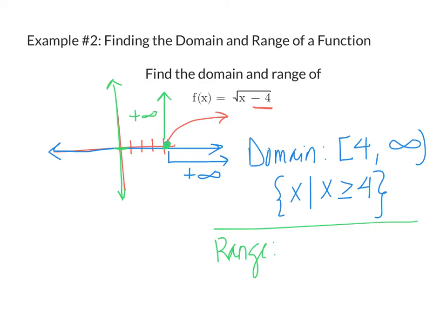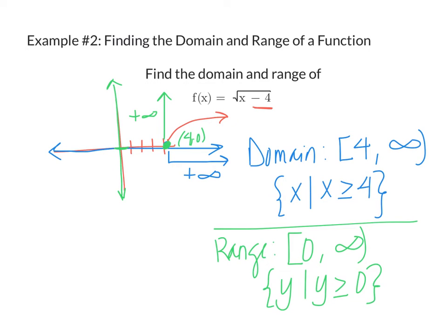So what that means for us is in interval notation, it includes the value 0 because it's a point on that line. And again, where am I getting 4 and where am I getting 0 from? Because this part here is an ordered pair of 4, 0. Anyways, so it's from 0 to positive infinity. Or if I want to write it in set notation, it's y such that y is greater than or equal to 0. Perfect.